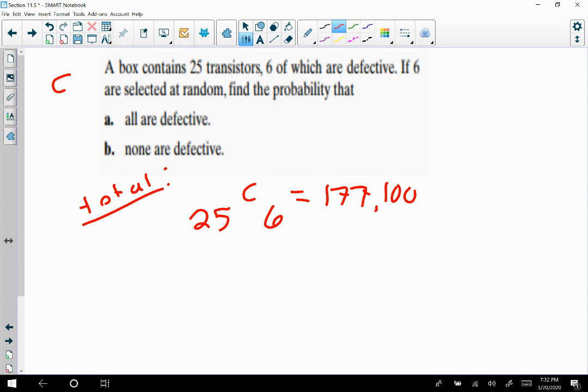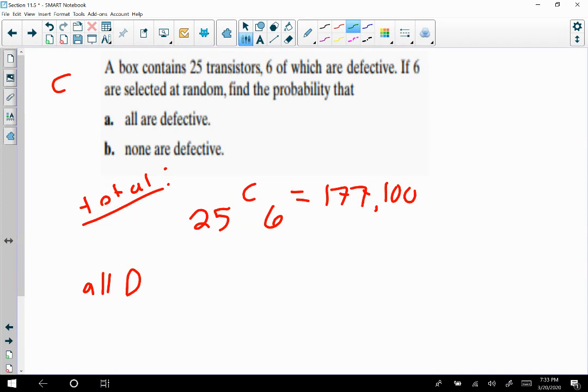Now we start dealing with each piece. Right here, part A, our event is that they are all defective. This is going to be a lot like what we just did with the ball problem for the lottery with the consolation prize. We're only going to focus in on defectives here.